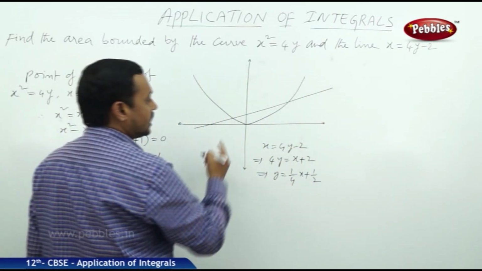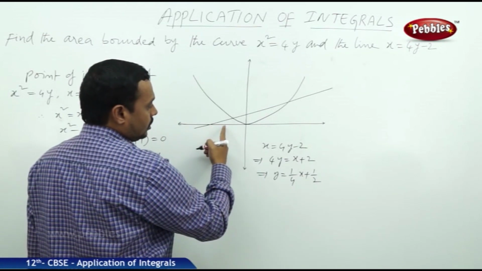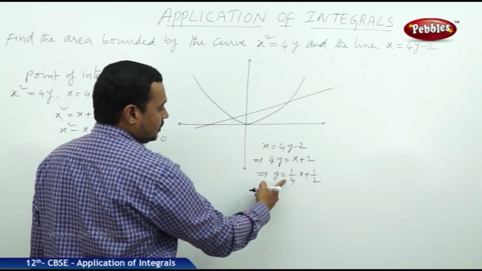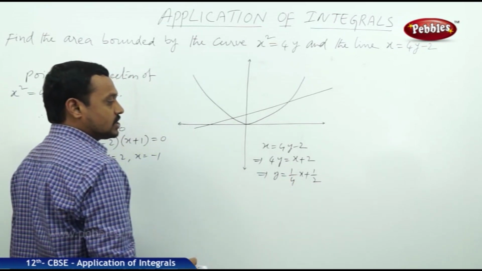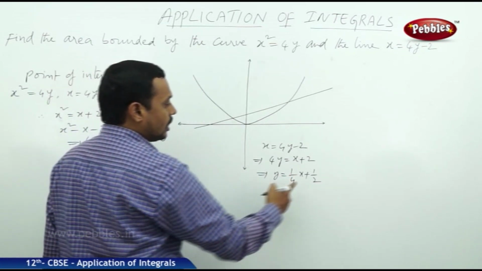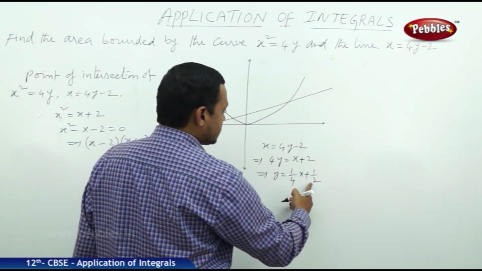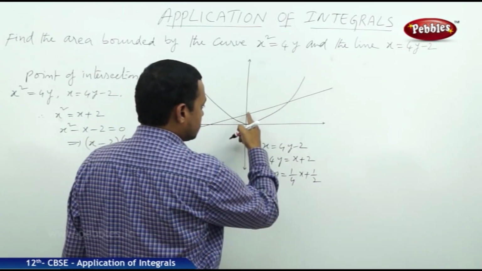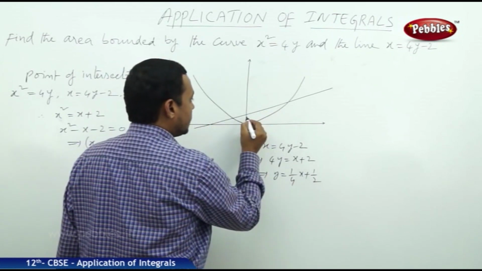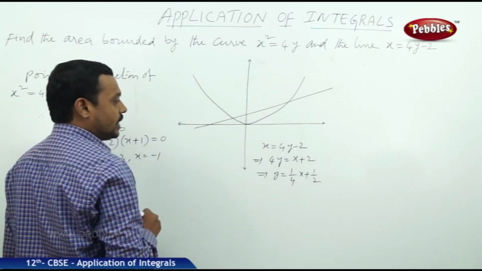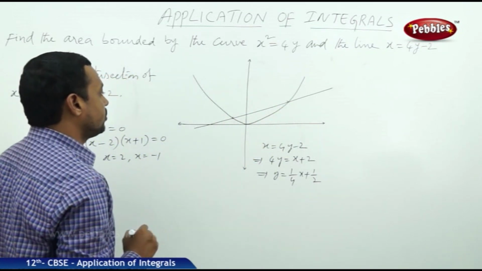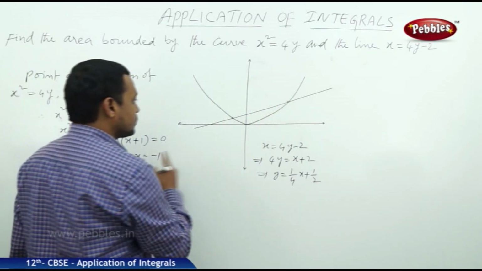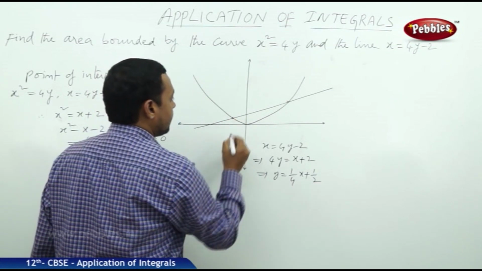Now this is the straight line whose angle is positive because tan theta, the slope, is equal to 1 by 2, which is positive, and the y-intercept is 1 by 2, so this line intersects the y-axis in the positive direction like that, and it cuts the curve at two distinct points. One point has the coordinate minus 1.